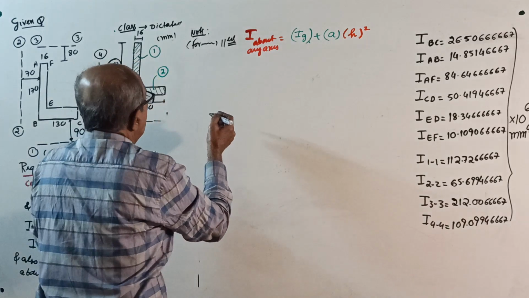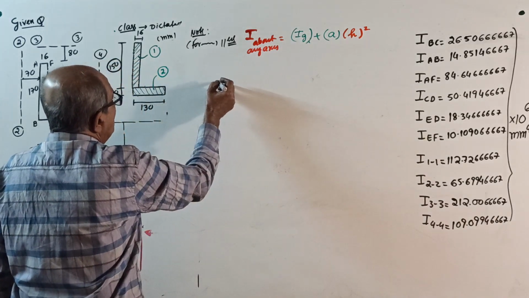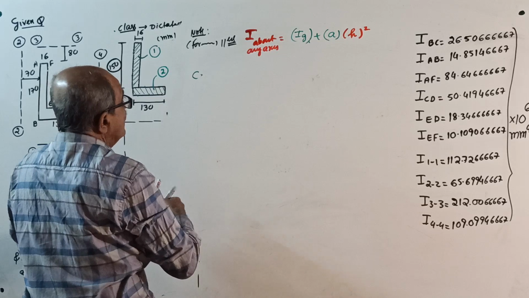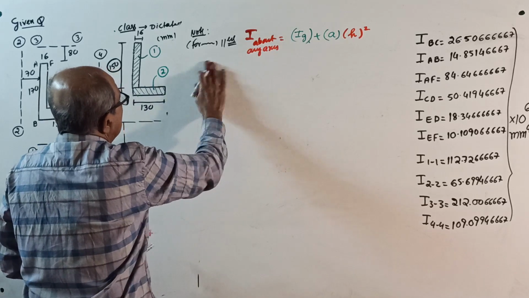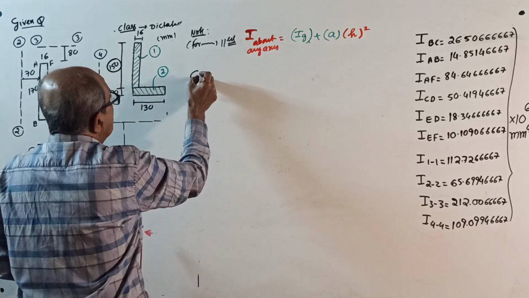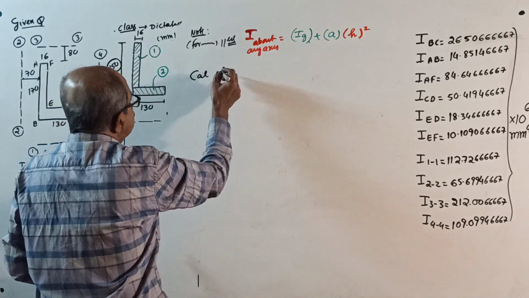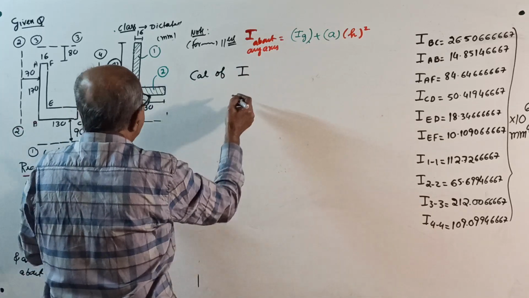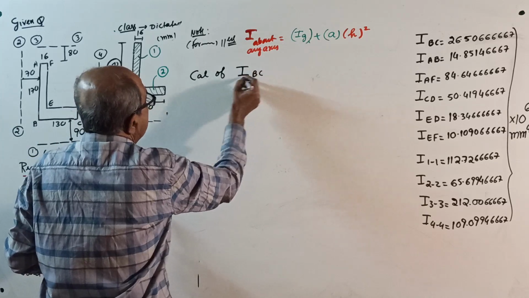Okay, start. Now, first, I'll put the sketch here. First, calculation of I about BC.